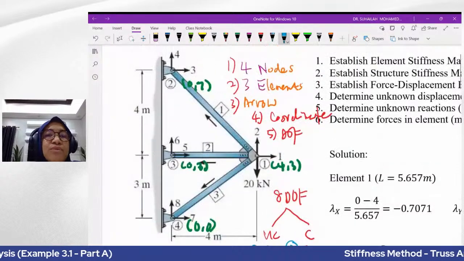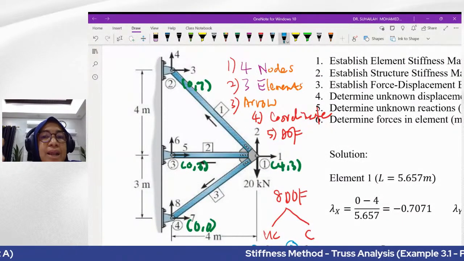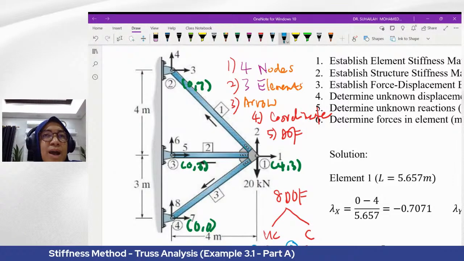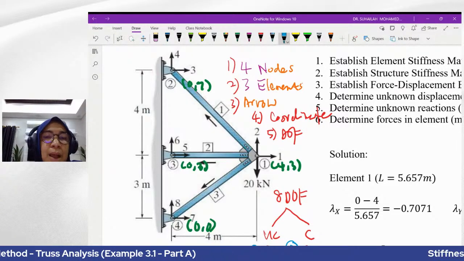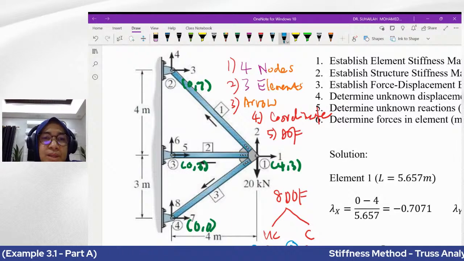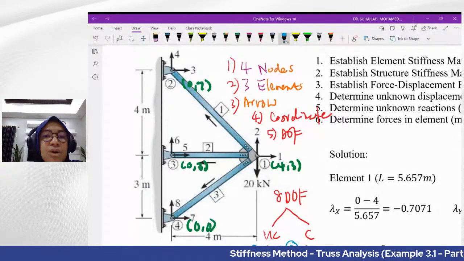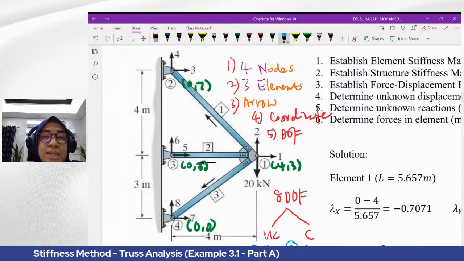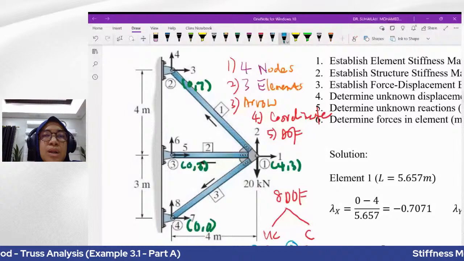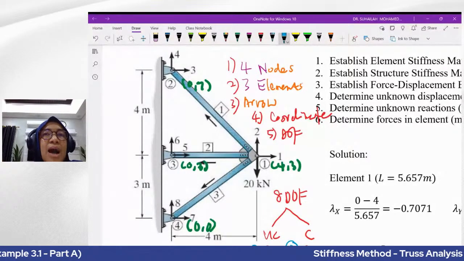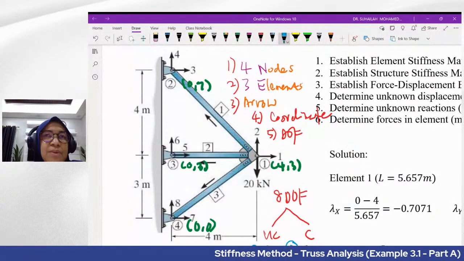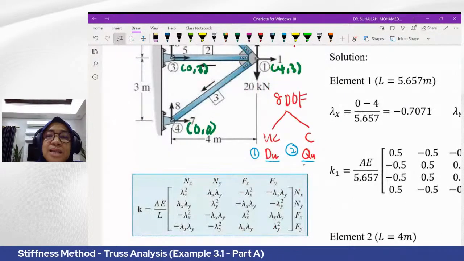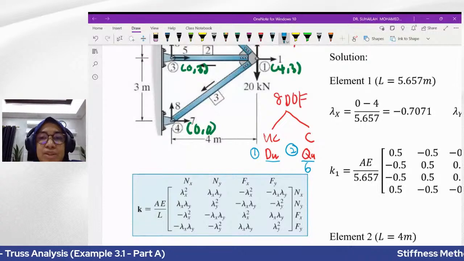So we have to identify the number of unknown reactions in the system by looking at the supports in this truss. By looking at this truss, there are 3 pin supports, which represent 6 unknown reactions.